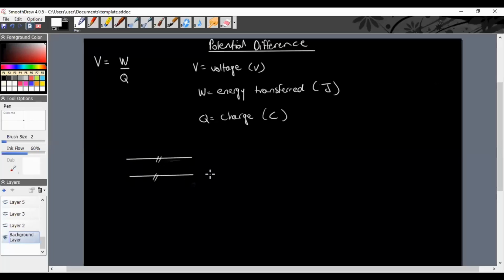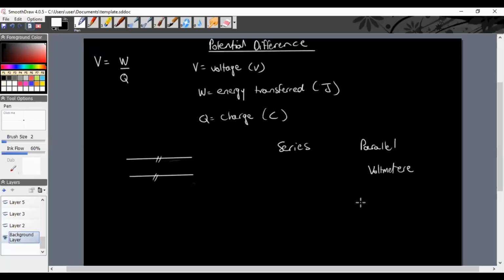The same thing applies in an electric circuit. We have something called series, and then we also have parallel.